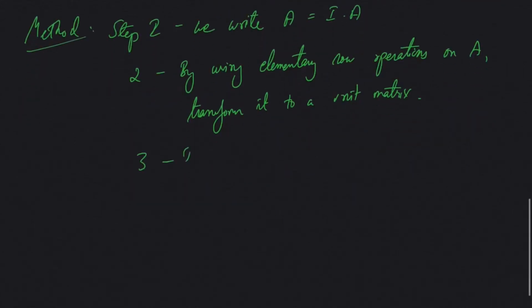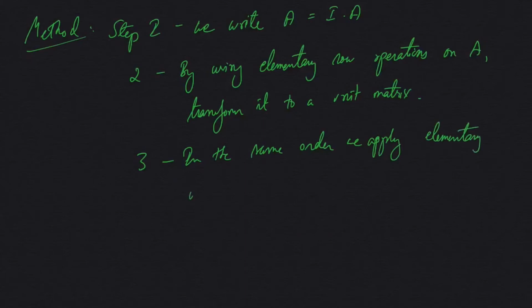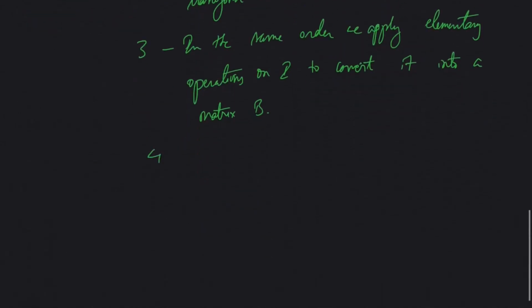Step 3: in the same order, we apply elementary operations on I to convert it into a matrix B. In the last step, you will be left with A inverse equal to B.